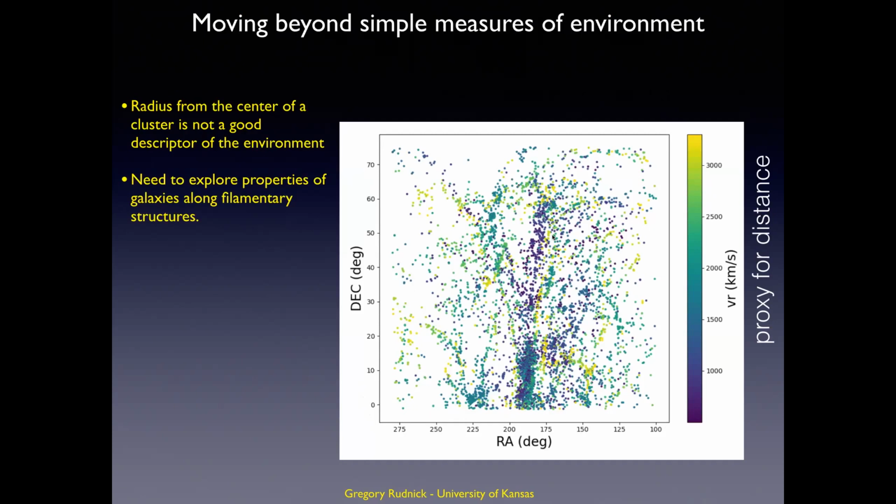And without getting into more detail than that, this color coding is a proxy for their distance. The lighter the color of the points, the farther away they are from us, because galaxies farther away from us move faster away from us. This big clump down here is the Virgo cluster. And you can see that around the Virgo cluster are all these threads of galaxies, these filaments.